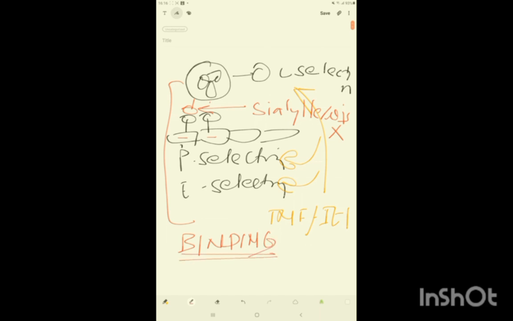Now, this binding is very temporary, and this binding is followed by release of the interaction between these two surface receptors, which is going to result in detach.